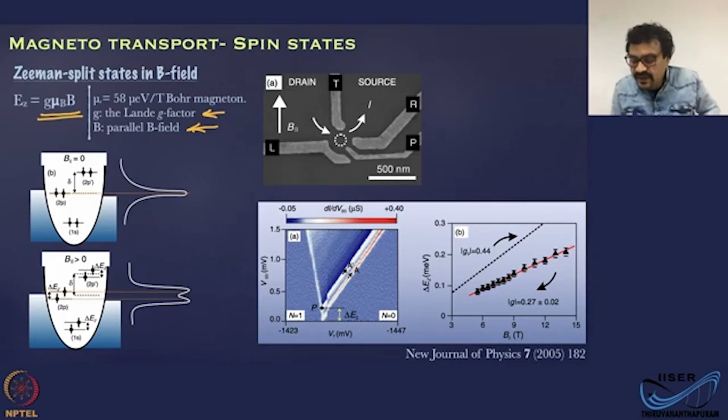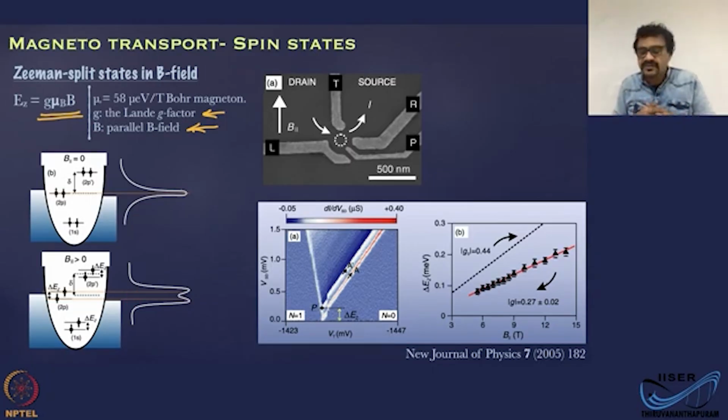Then the second level will come into the picture, and you get again a peak corresponding to that. So what you are seeing here is that each of these peaks will split into two, and the separation is the Zeeman energy.